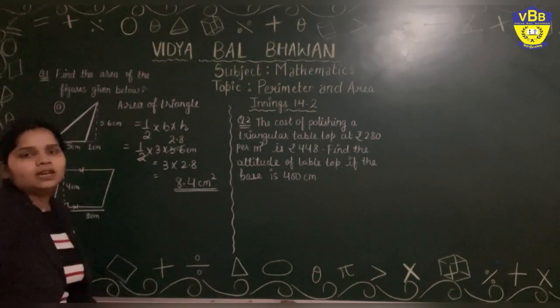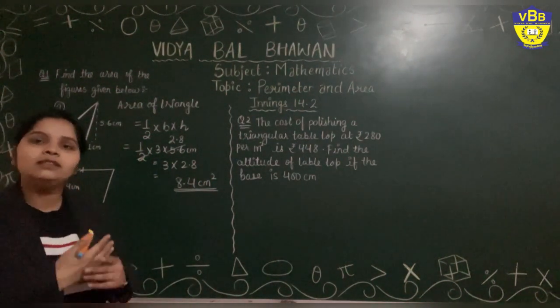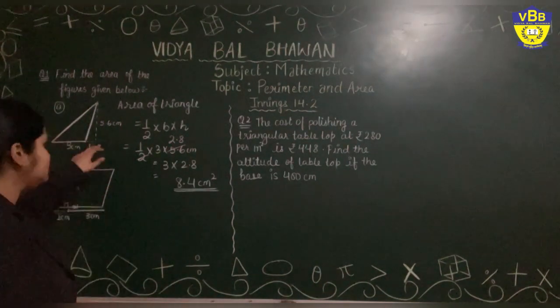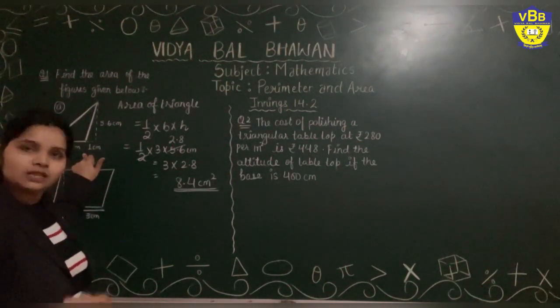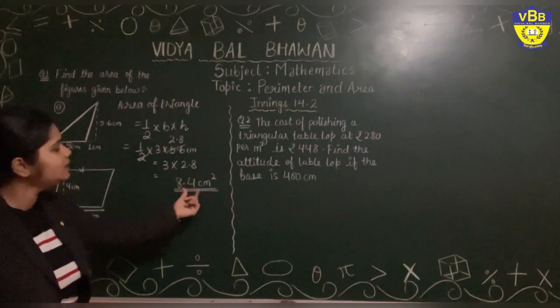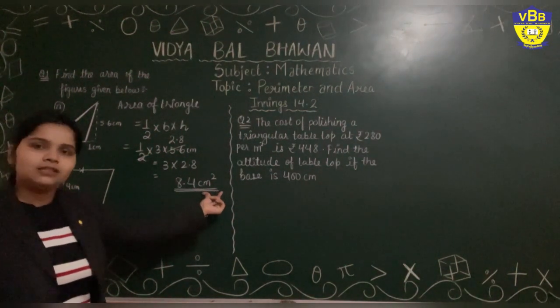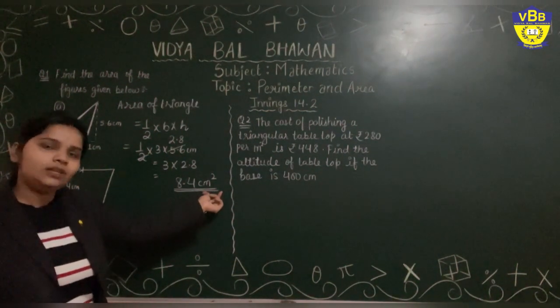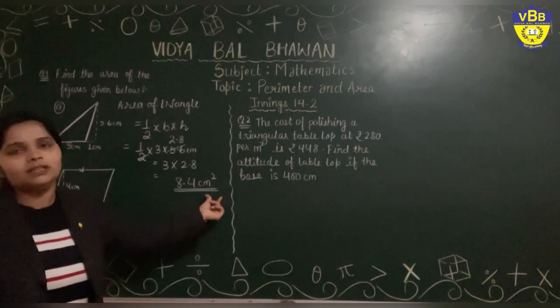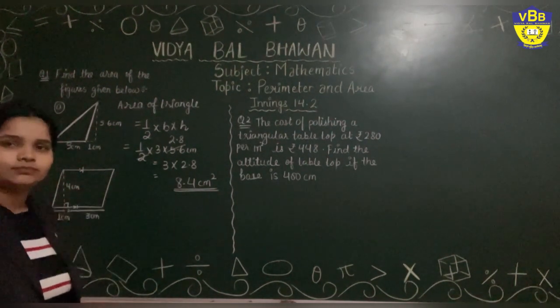The unit of area is always represented in square units. Because the dimensions were given in centimeters, in the final answer we have written the unit as square centimeter, or centimeter square.